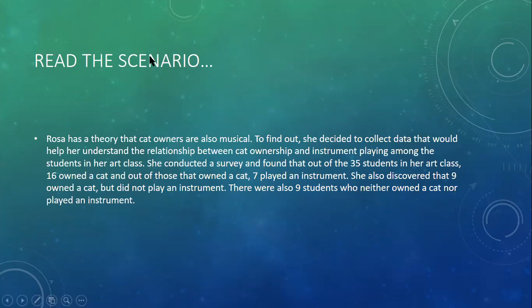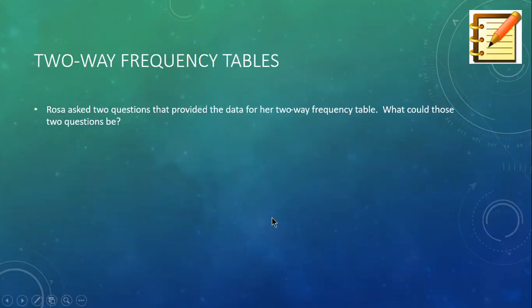You done good, hun. So Rosa conducted her own little data collection, right? In order to do so, she had to ask 2 questions to specifically get data for her two-way frequency table.